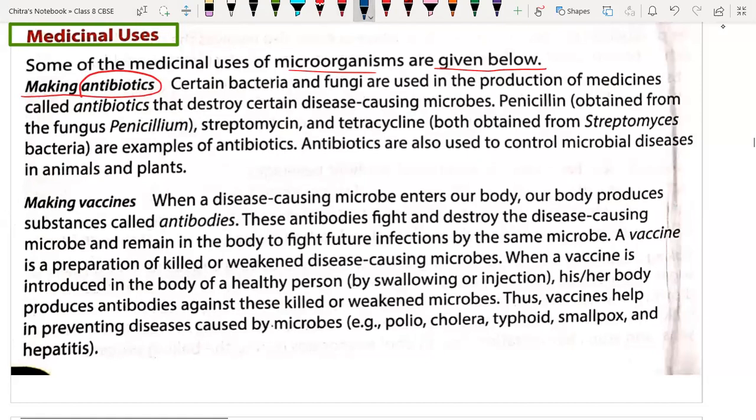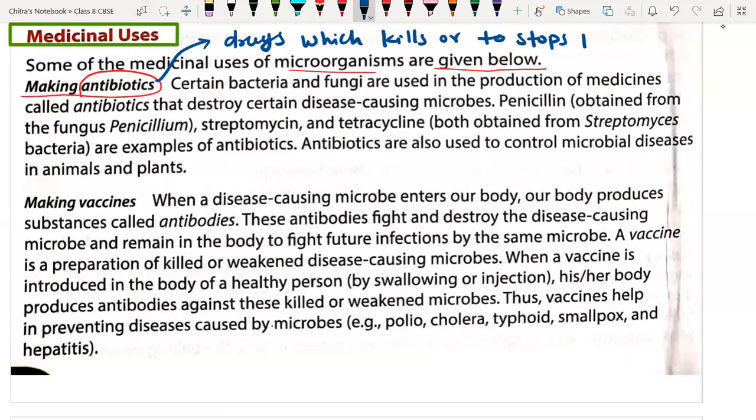So I'm writing here what antibiotics are: drugs which kill or stop the growth of bacteria are called antibiotic drugs.